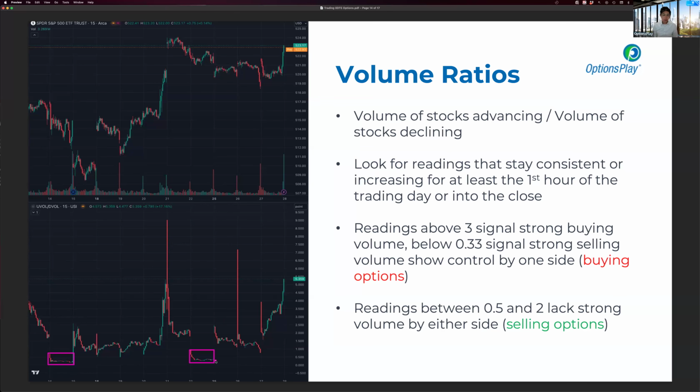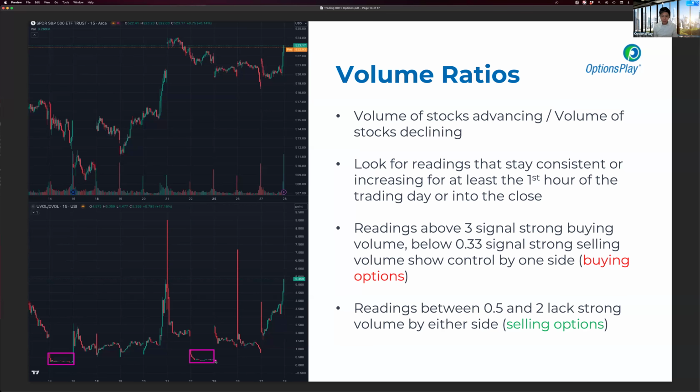So, these things by themselves are valuable, but in my opinion, by themselves they're not that useful. You really have to look at the conjunction of at least 2 or 3 of the indicators that I'm telling you about today, all aligning to the same thing, to really justify being a buyer of options for that given day.